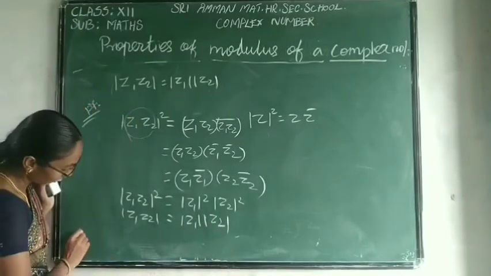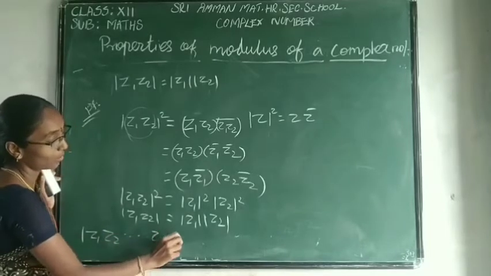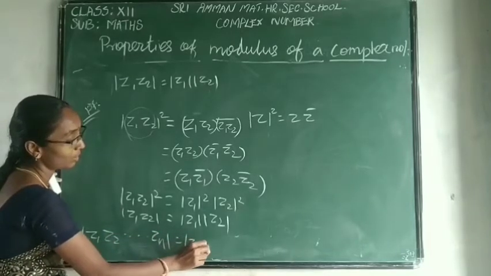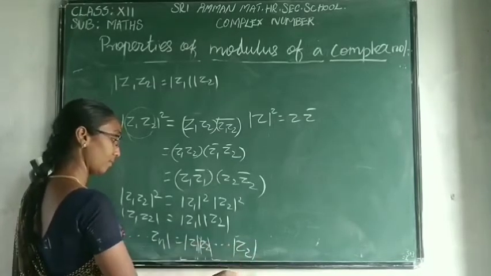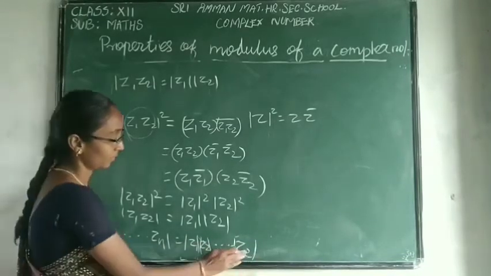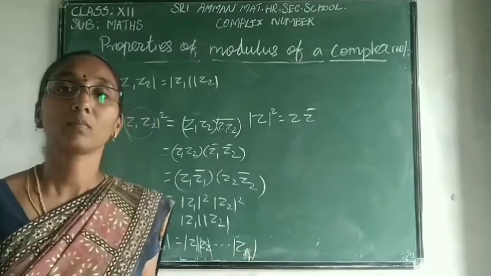In the same manner, modulus of z1 z2 up to zn equals modulus of z1, modulus of z2, up to modulus of zn. Do you understand?